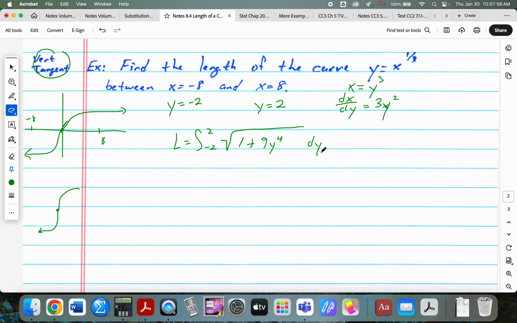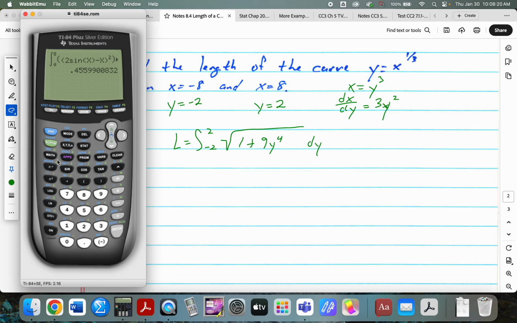This is not one that you can do by hand, right? I think you can see that, trying to undo the chain rule, you're like, well, I would need something with a y cubed outside of my square root sign, and I don't have anything close to it. So we'll just put that into a calculator and see what happens.